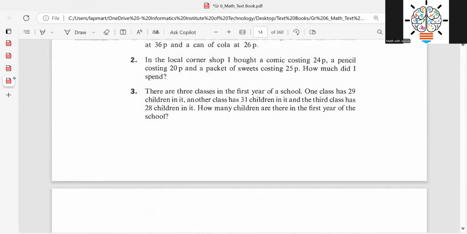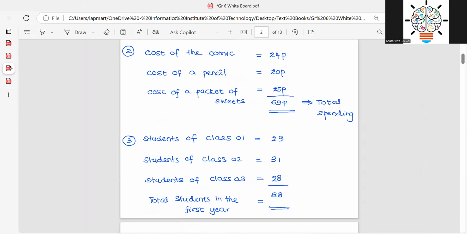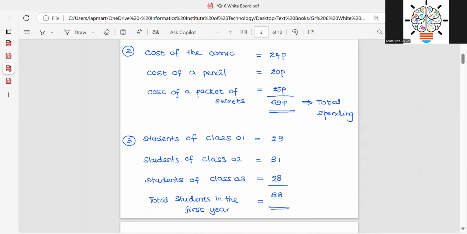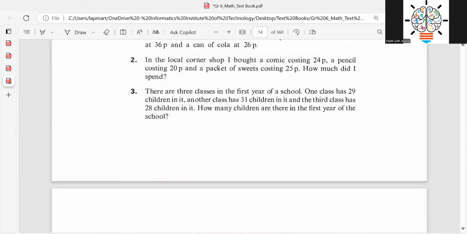Here you just see, there are 3 classes in the first year of the school. Yes, class 1, class 2, class 3. There are 3 classes, right? So then the next thing, one class has 29, the other class it is 31, the third class it is 28. Class 1, 29, class 2, 31, and class 3, 28.